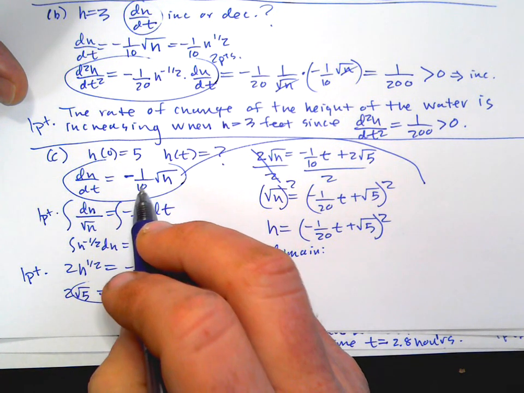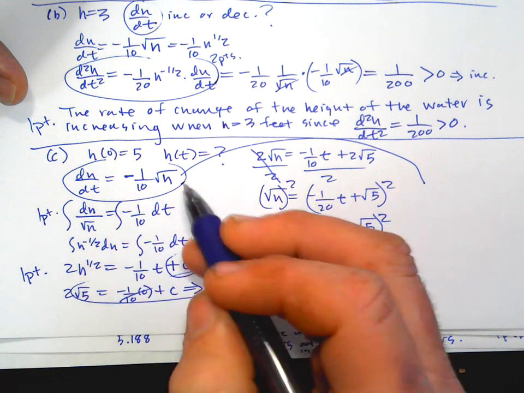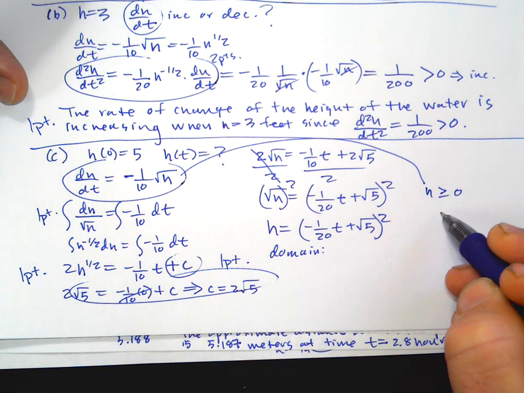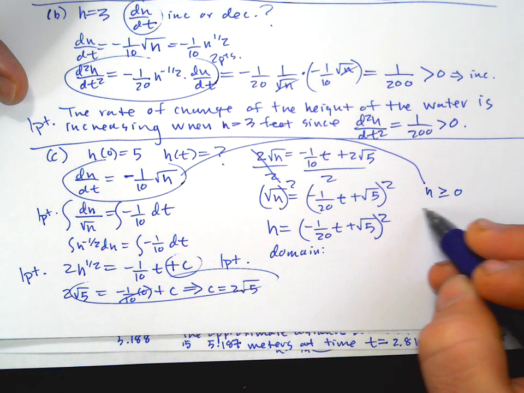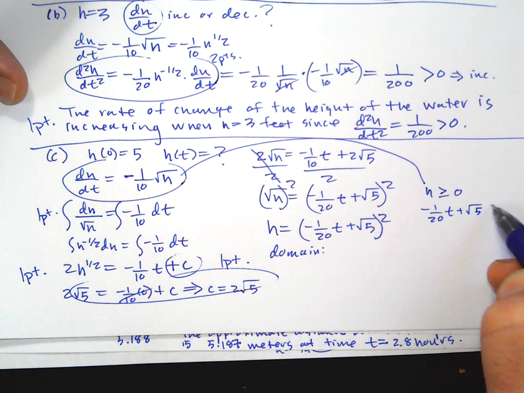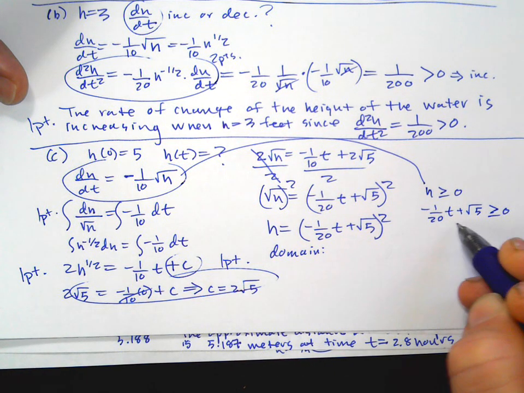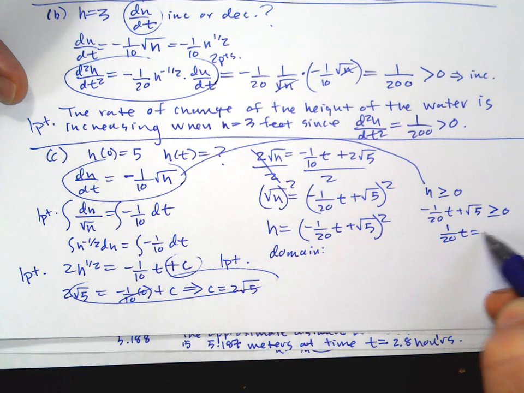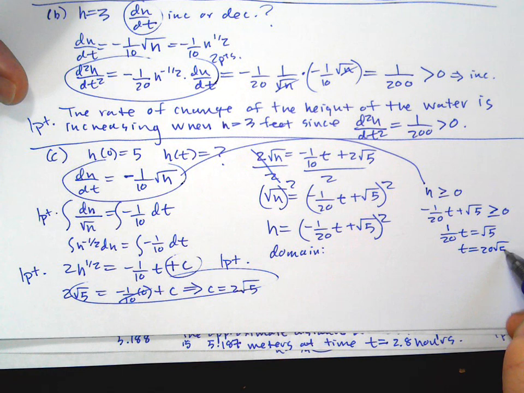The derivative has to be defined, and h has to be greater than or equal to 0. H is what we just found, negative 1/20 t plus square root of 5, greater than or equal to 0. So we're just going to set it equal to 0. So that's going to be 1/20 t equals square root of 5. T equals 20 square root 5.